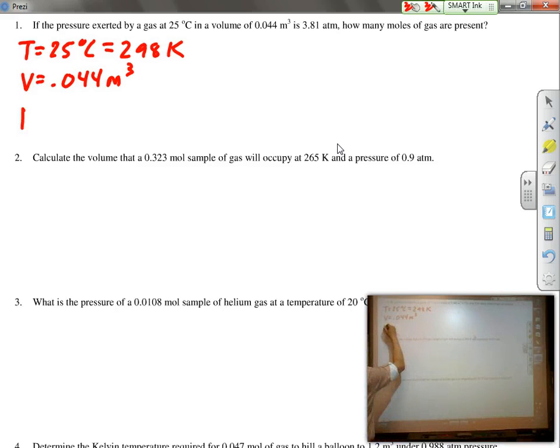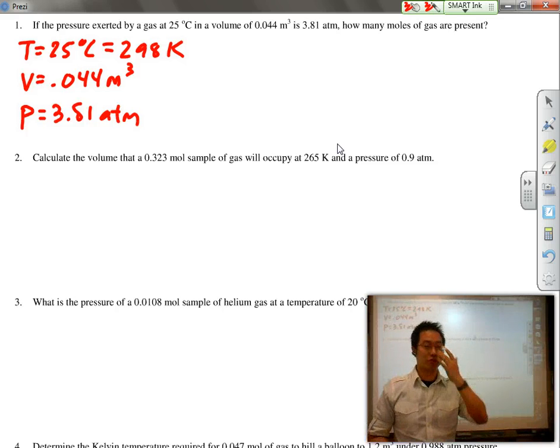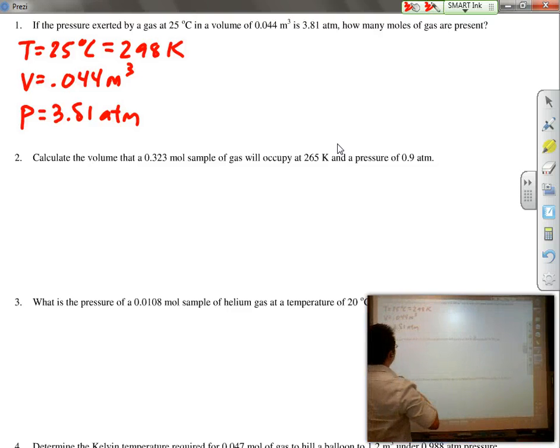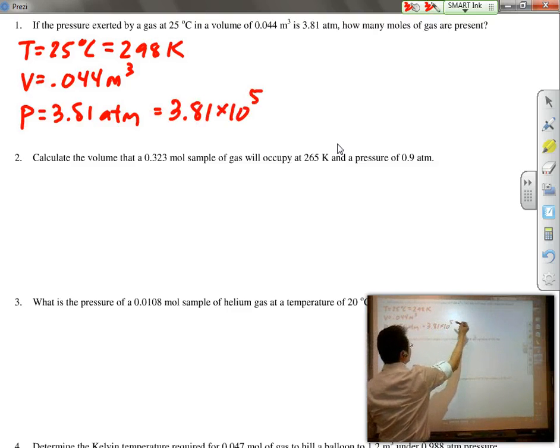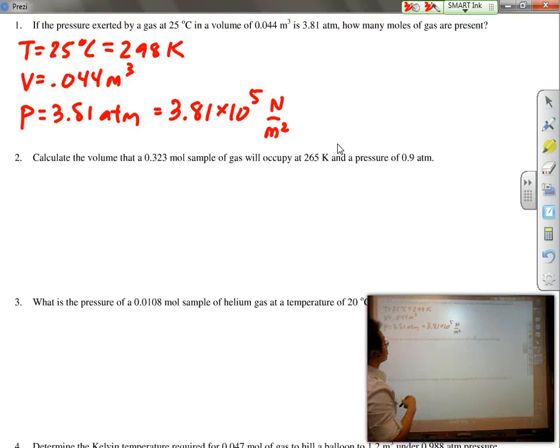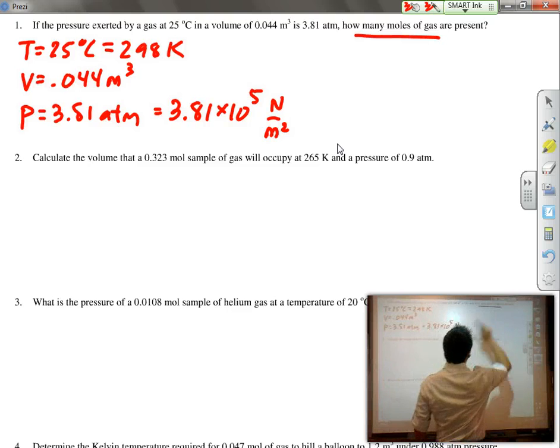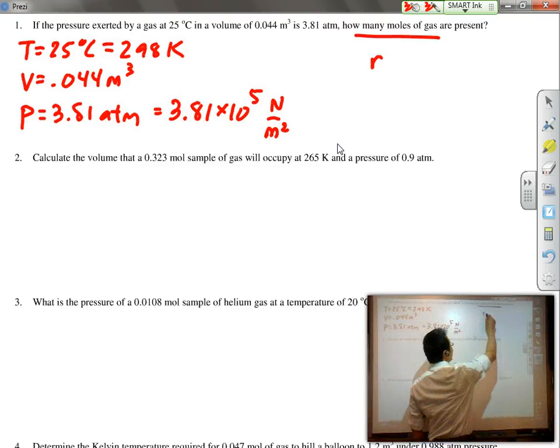And the pressure is 3.81 atm. Now we don't use atmospheric pressure, we use newtons per meter squared or pascals. So we multiply that by 10 to the fifth. So this is the same thing as saying 3.81 times 10 to the fifth pascals, or newtons per meter squared. They're asking us to calculate the number of moles. They're asking us to solve for N.